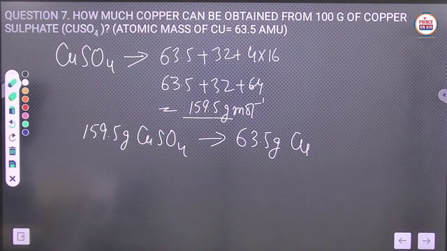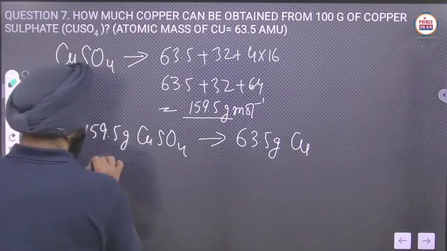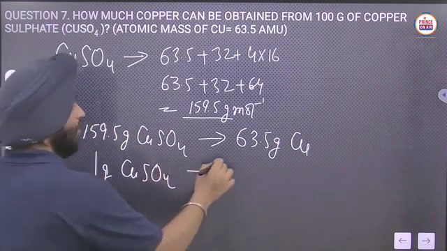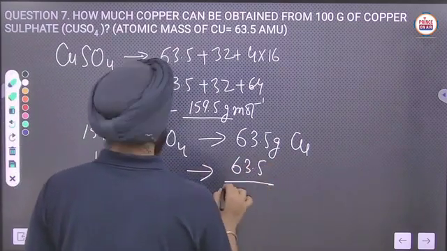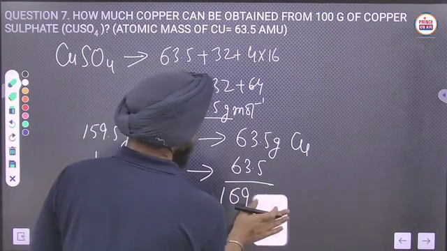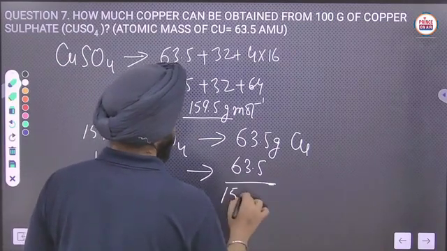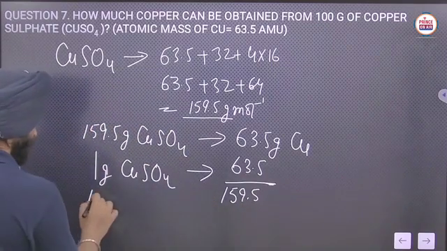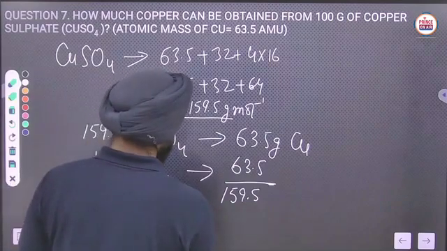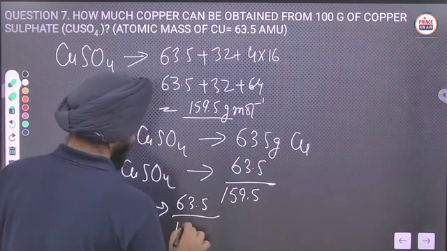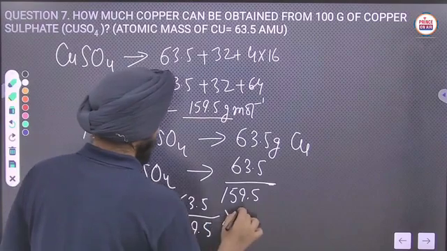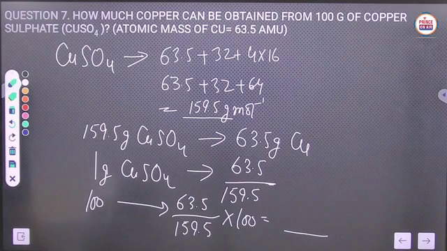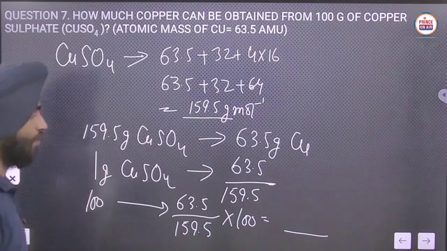So 1 gram of copper sulfate will contain 63.5 upon 159.5 gram of copper. 100 gram will contain 63.5 upon 159.5 into 100. That value is the mass of copper, so it will be 39.81 gram.